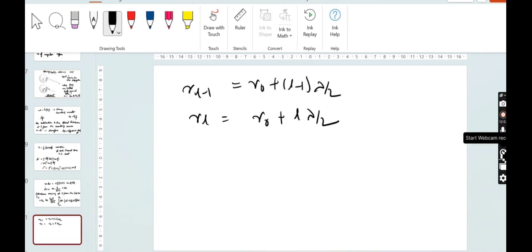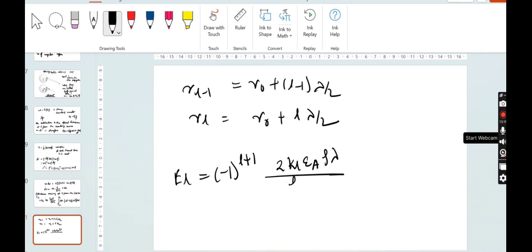After doing all this calculation, we can get that E_L, the electric field from the Lth zone, is (minus 1) to the power (L plus 1) K_L lambda over epsilon A (rho plus R naught) sine(omega t minus K(rho plus R naught)).